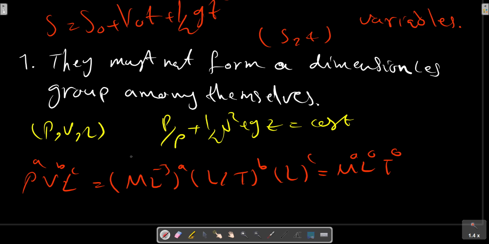In this case, the only way is A equals 0, B equals 0, and C equals 0, which is meaningless. In this case we can see that only rho contains the dimension M, and only V contains the dimension T, so cancellation is not possible.